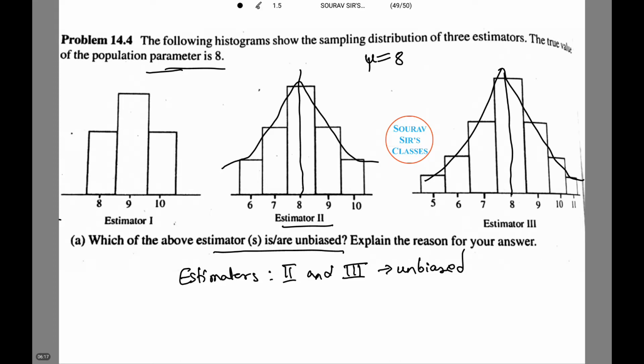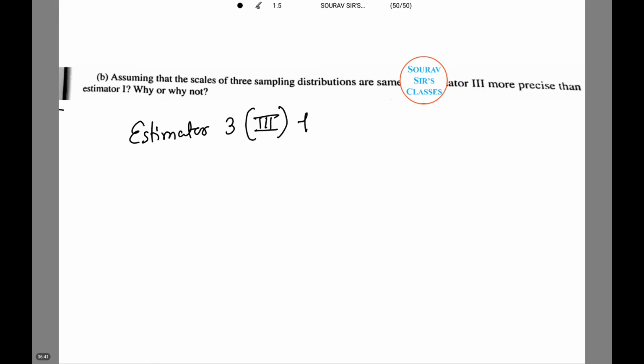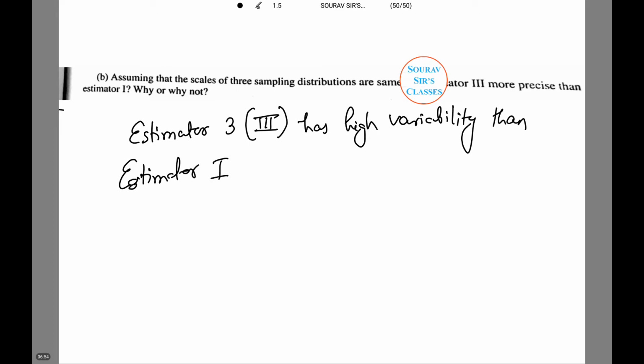Now, in the next part, we see whether the sampling distribution of estimator 3 is more precise than estimator 1. Why or why not? Estimator 3 has higher variability than estimator 1.